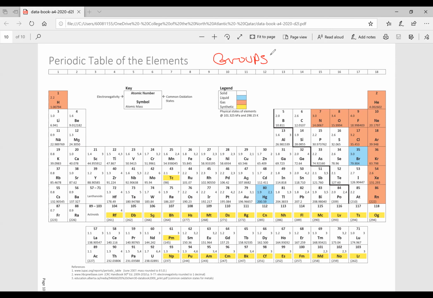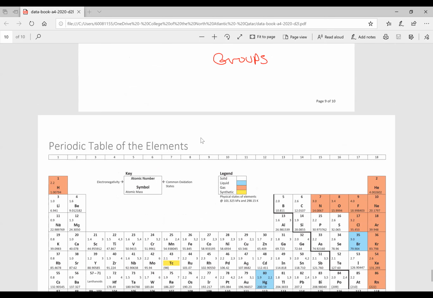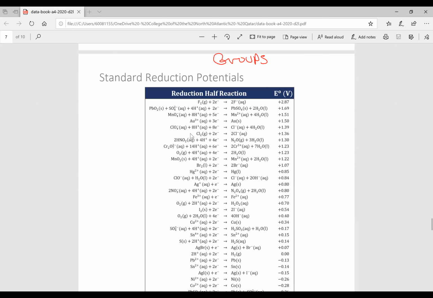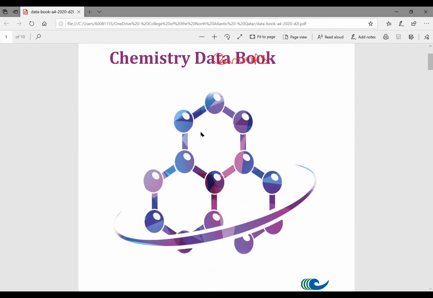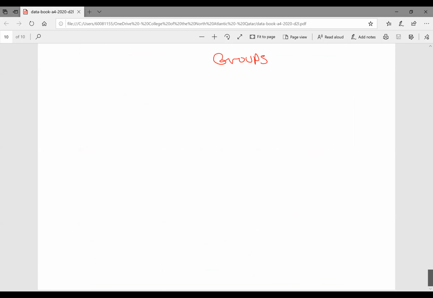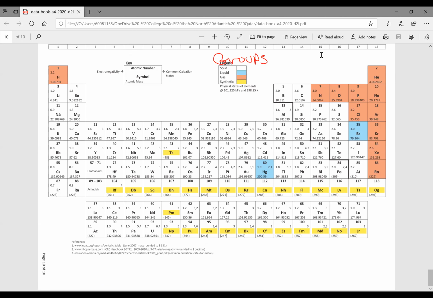So if you go to content and then click periodic table and other information, it's in there. It's not just the periodic table. You will find it in the data book. So what you want to open on D2L is your data book, and it would be the last page. All right, so go to D2L, click content, and it would be under periodic table and other information.